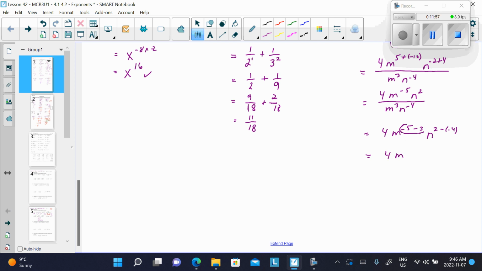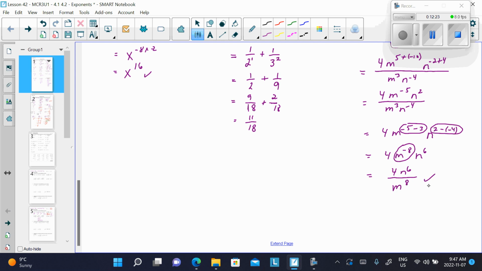Negative 5 minus 3 is negative 8. And then on the n, we have 2 subtract negative 4, which is like 2 plus 4, which is n to the 6. All right, one more step here. We have a negative exponent on the m. So what I'm going to do is just bring that term down to the bottom of the fraction, and it will become positive 8. And that's it.